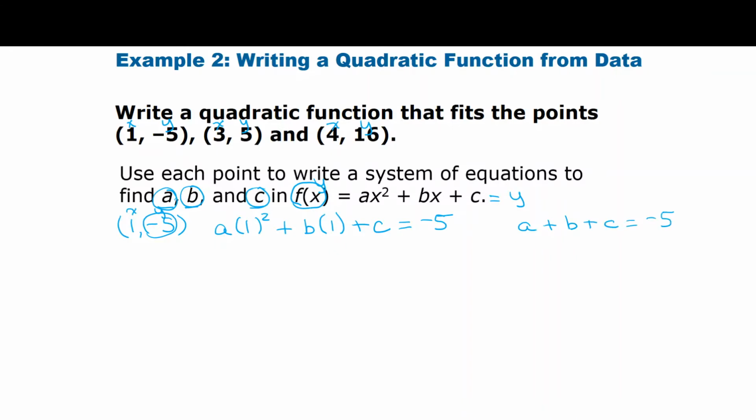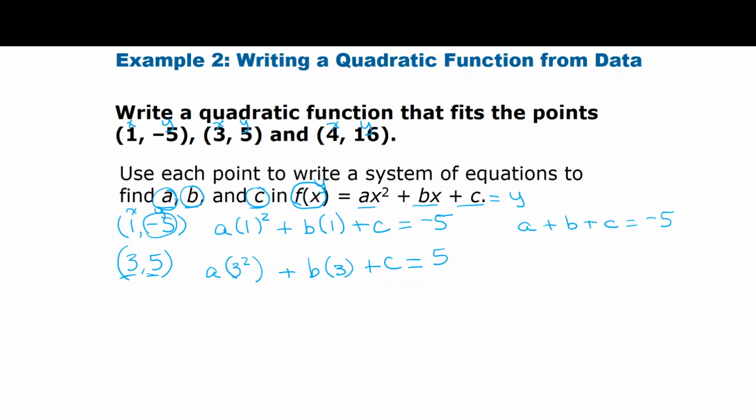All right, so there's one equation. We need another equation. This time we have a point that's 3, 5. Again, we are going to follow ax squared plus bx plus c. So we're going to say a times our x squared, and this time our x is 3, 3 squared plus b times 3 plus c, and that is going to equal positive 5.